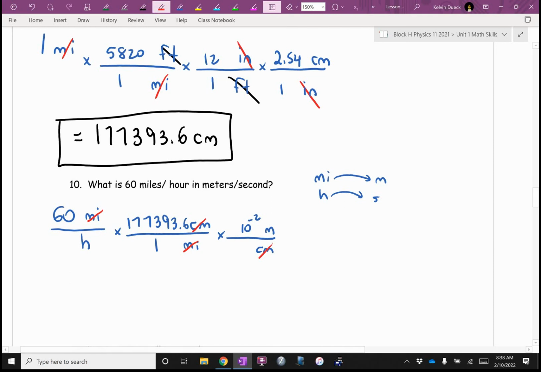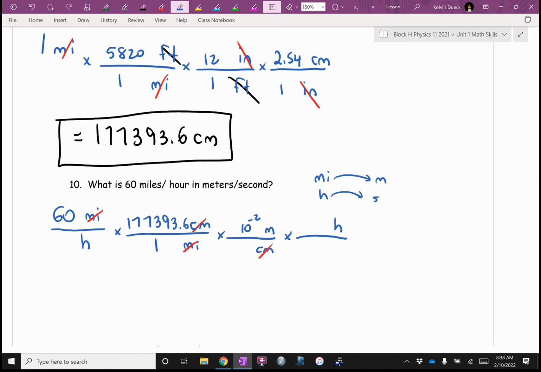What do I want to end up with, Bryce? Meters per. Now let's take care of the hours. Where is the hours in my first fraction? On the. So to get it to cancel, yes. Bryce, do you happen to remember how many seconds are in 1 hour? Thank you, Bryce. We're working.